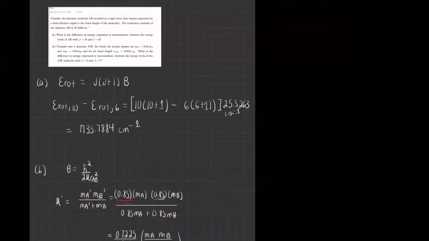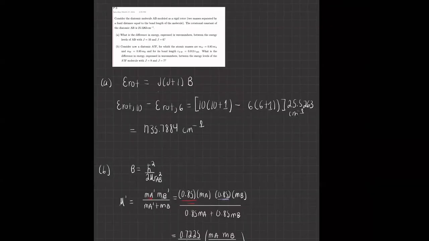In this case, we found out that B is equal to h bar squared times, this is the new one, 2 times the new reduced mass times RAB squared. And what you find is this is equal to h bar squared times 2.